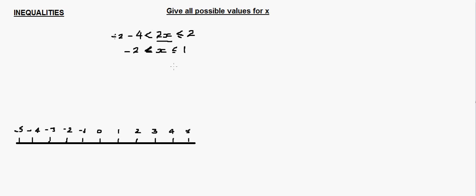Okay, so for example, if we took an algebraic equation and we said 2x plus 4 equals 6, I could, if I wanted to, just divide the whole thing through by 2. So x plus 2 equals 3. And that would still give me the same answer.